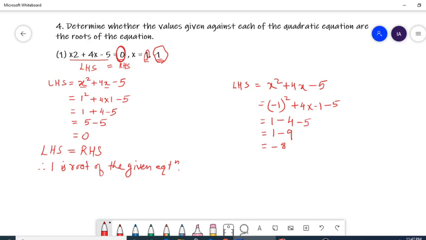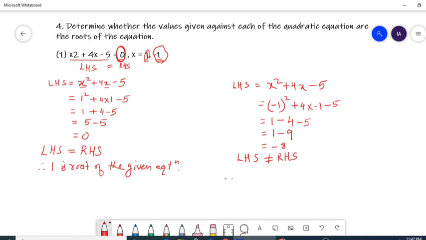So it is clearly seen that on substituting minus 1 in the given equation, the left hand side doesn't become equal to the right hand side. So here you can say minus 1 is not satisfying the given equation because left hand side and right hand side are not equal.